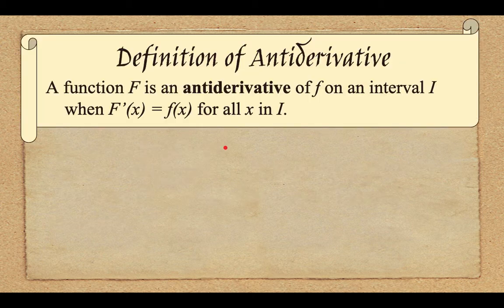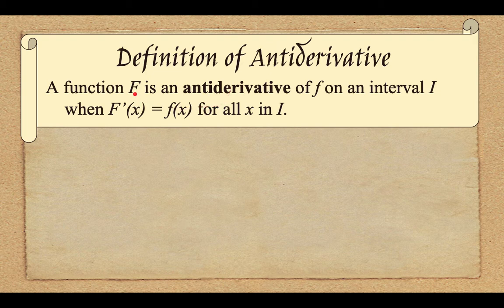So let's first define what we mean by an antiderivative. Let's break apart the word. Anti means the opposite of, undoing. So the antiderivative is something that undoes a derivative.